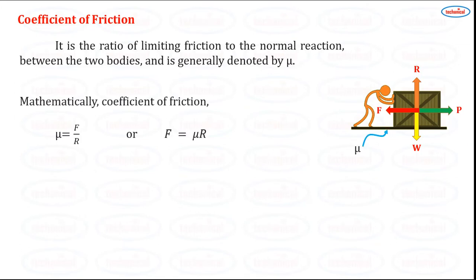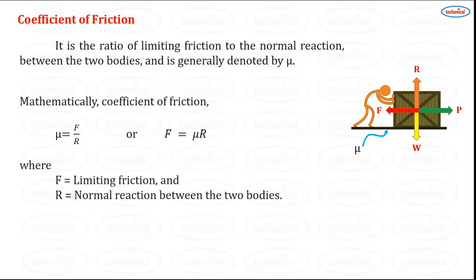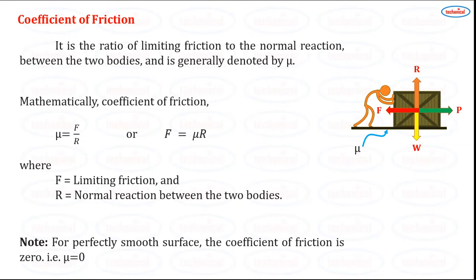Mathematically, coefficient of friction is given by mu equal to F upon R or F equal to mu R, where F equal to limiting friction and R equal to normal reaction between the two bodies. For perfectly smooth surface, the coefficient of friction is 0, that is mu equal to 0.